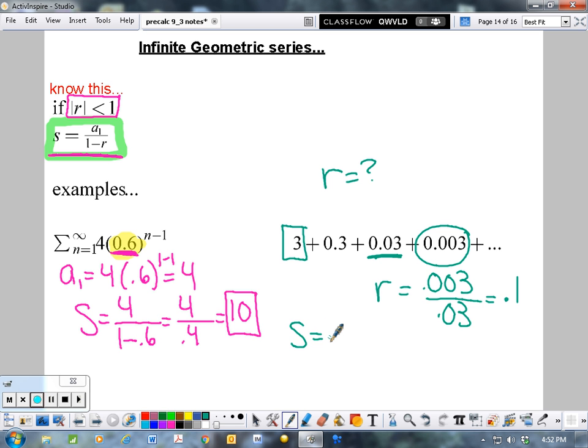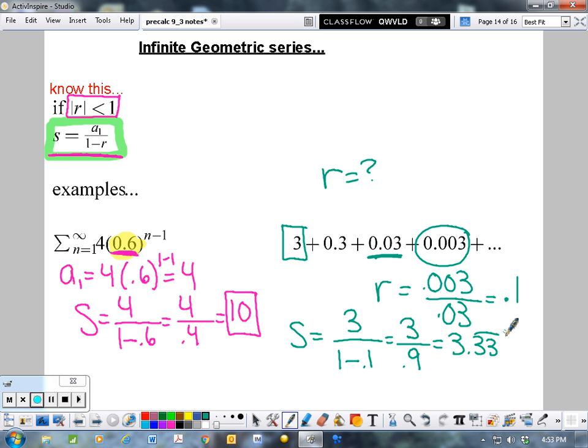Our sum would be our first term divided by 1 minus our r. So this is 3 divided by 0.9, which actually becomes, I should have known that, 3.33333.